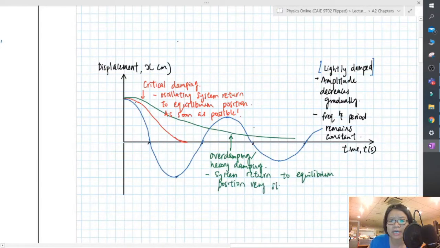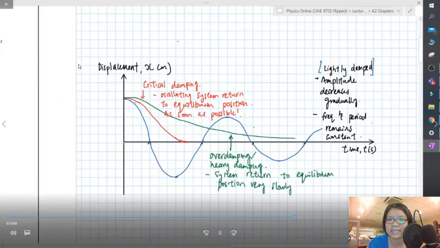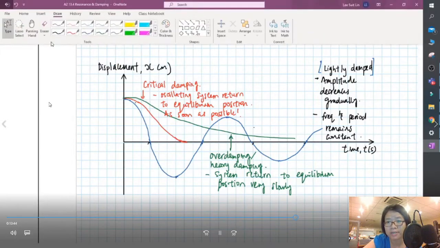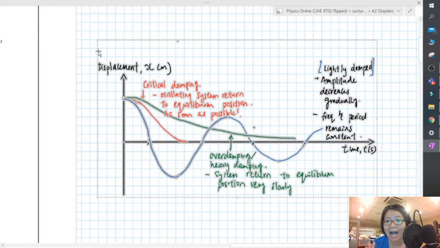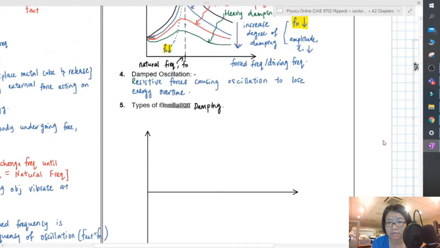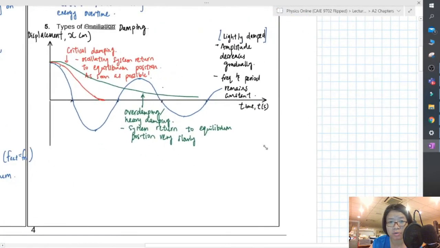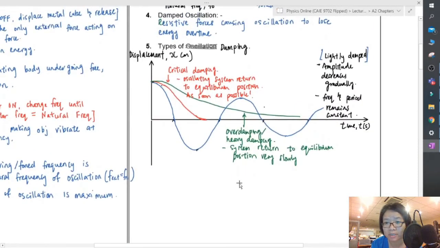So you might be thinking, Miss, got example of all these damping? While I transfer the graph back into the notes, I will tell you what the examples are. Critical damping is like your car suspension. You want it to return back to equilibrium position as soon as possible.